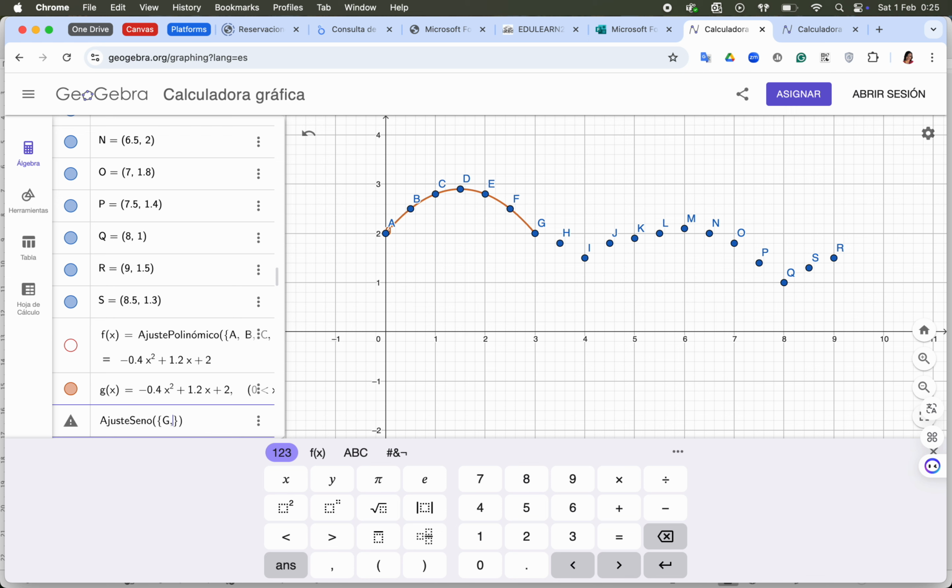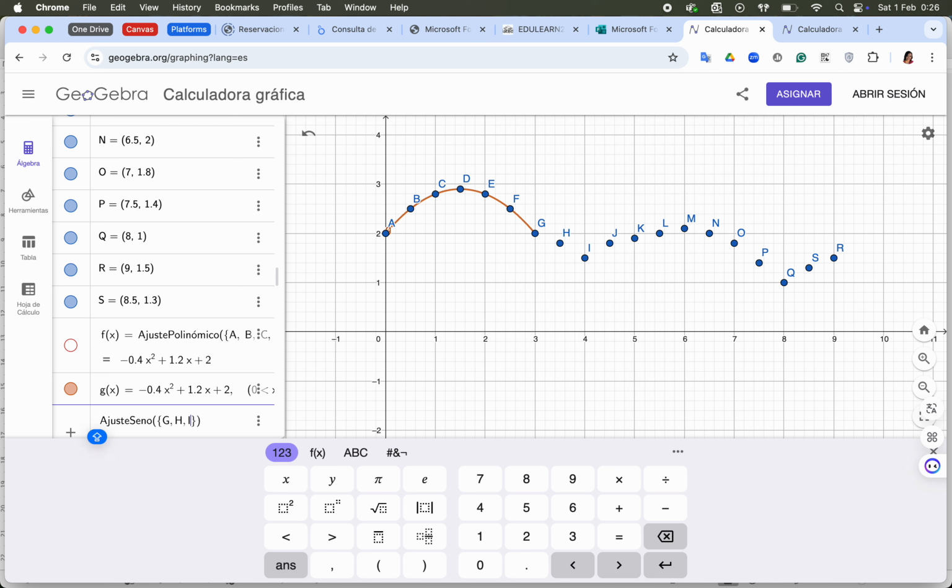So G, H, capital letters, remember? And in there, if you see, it fits the G and the H, yes? It joins them together perfectly. So let's see if it goes all the way.